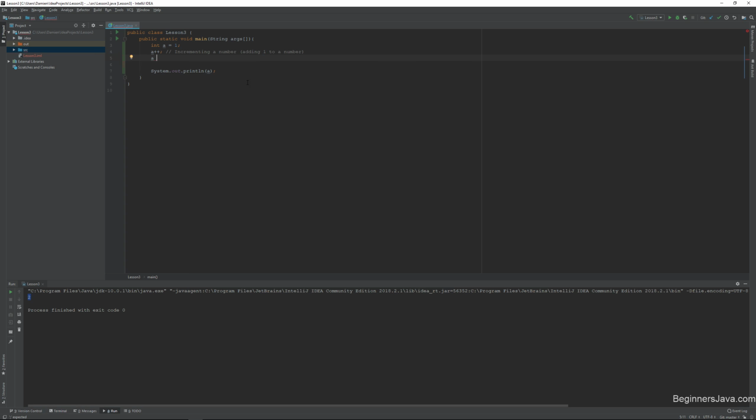We can do a equals a plus 1, or the simpler way to write that, we'll just do a plus equals 1. So all of these are the exact same as a plus plus, when a plus plus is only adding a 1. These two are always going to be the same.